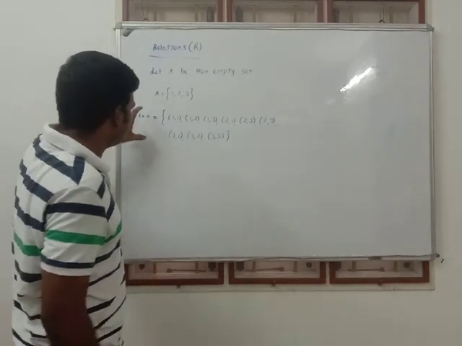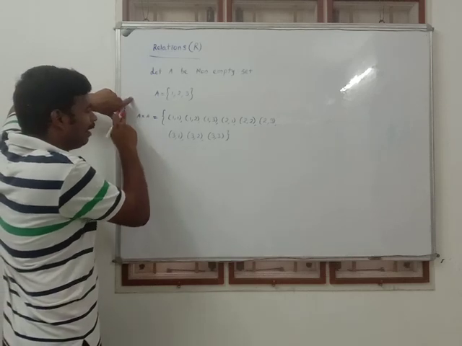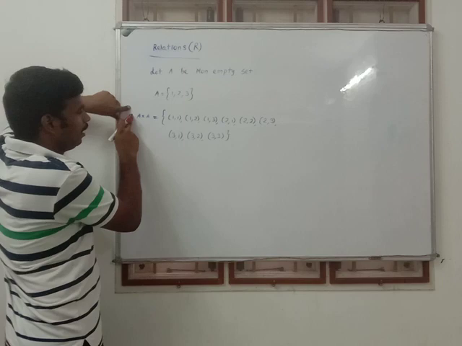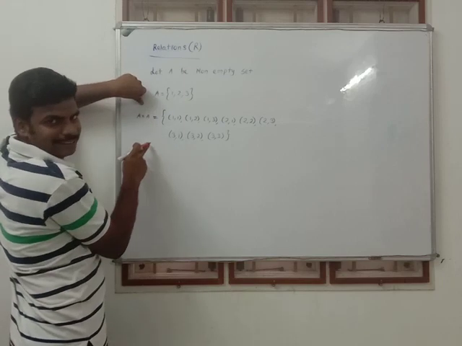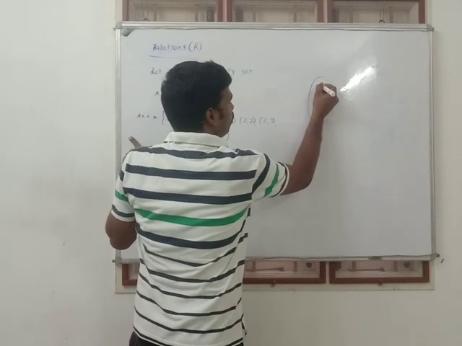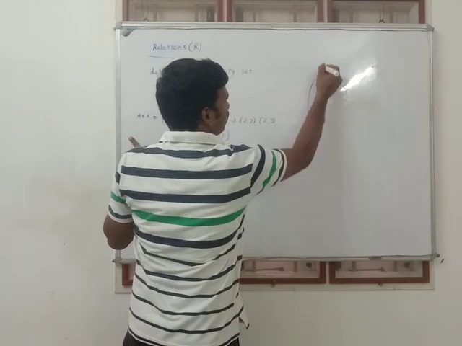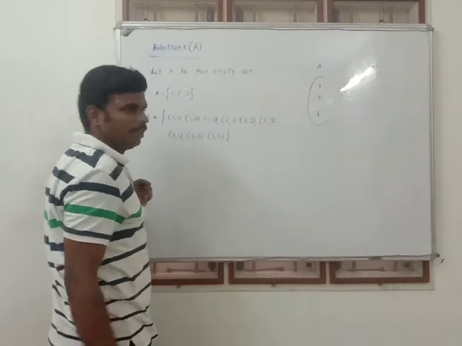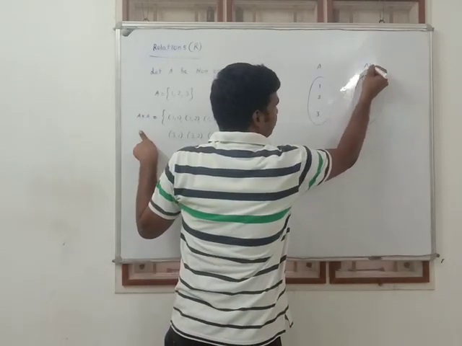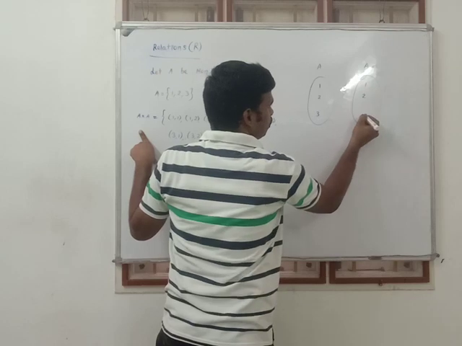Cartesian product means we take all elements of the first set and each element is mapped to each element of the second set. Here in set A we have the elements 1, 2, 3. Again, for A cross A, I take another set, which is the same set {1, 2, 3}.